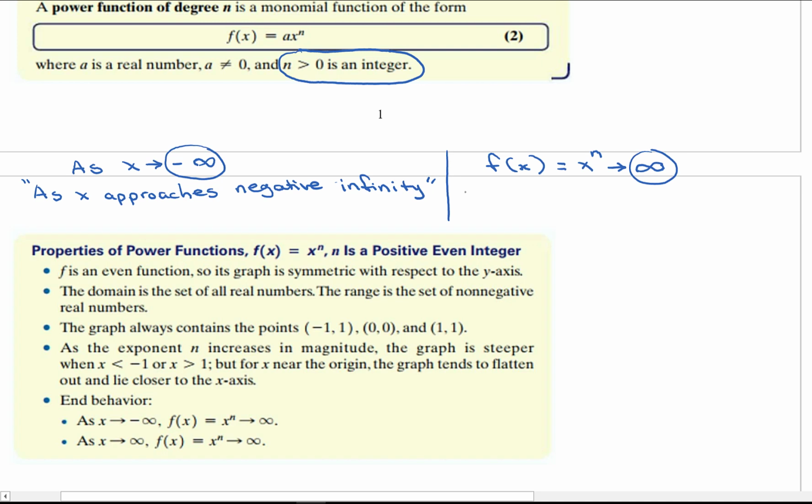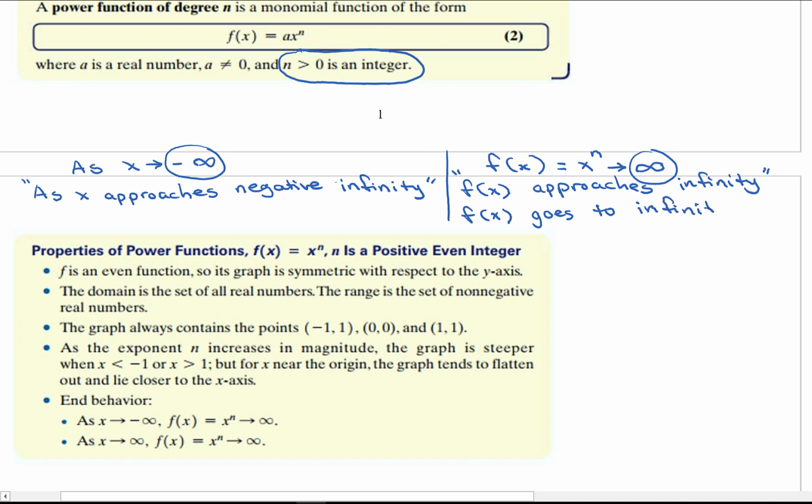So we could say here, f of x approaches infinity. Or another way we could say this, f of x goes to infinity.